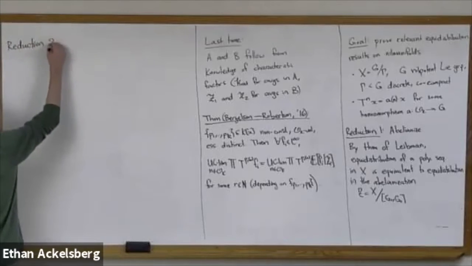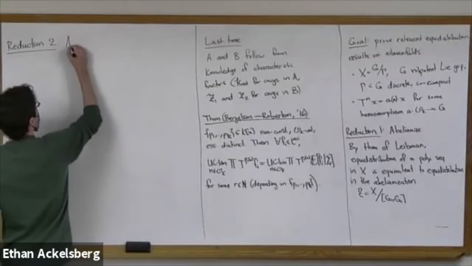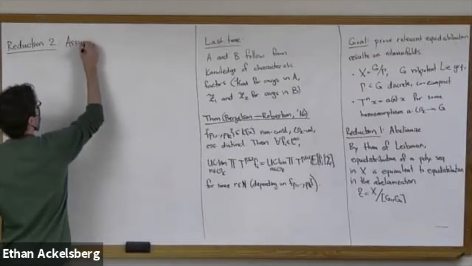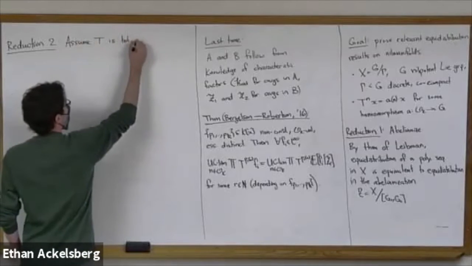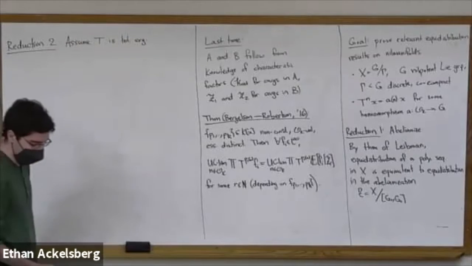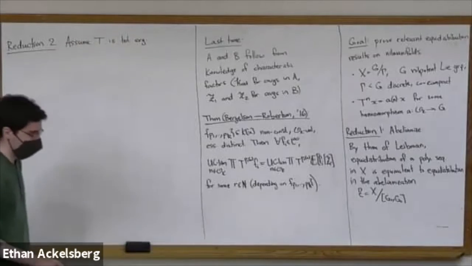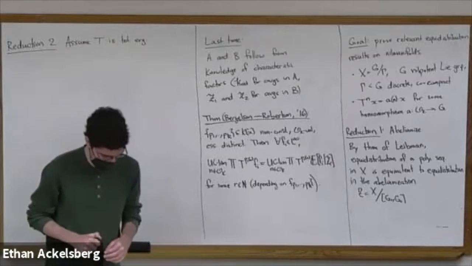So the second reduction, which should really be the first, is that we can assume T is totally ergodic. What I mean by this is if we can show that some characteristic factor is the right characteristic factor for the totally ergodic case, then that's enough for showing it in general for ergodic systems.